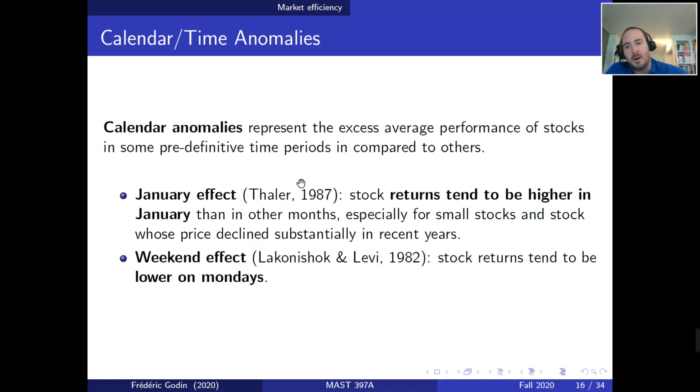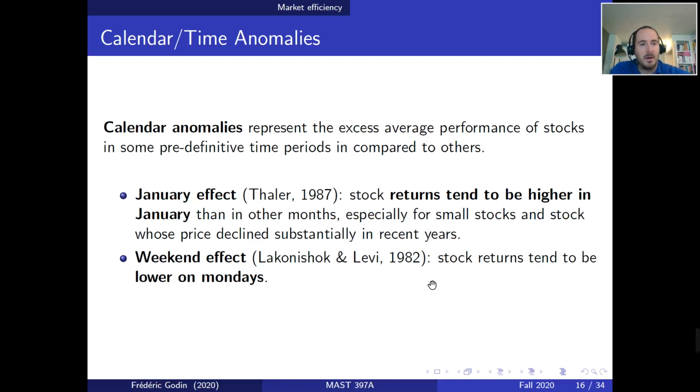The second type of calendar anomaly that was documented is the weekend effect. Here, these two authors observed that stock returns tended to be lower on Mondays than during the other days of the week. So again, is there a rational explanation for this, or is it simply irrational and incompatible with market efficiency?